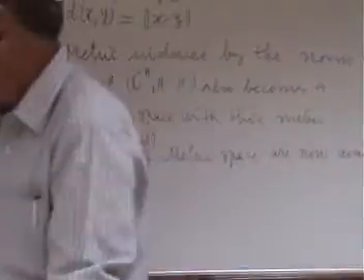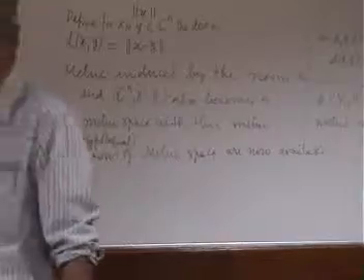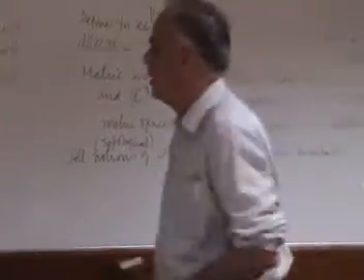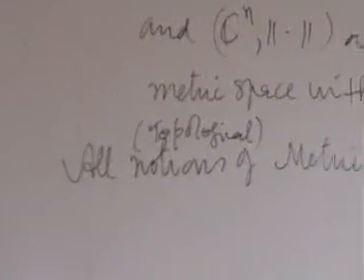Now we will do something in the real line and we will immediately see what could be said correspondingly in a normed space. So the first thing in the real line.